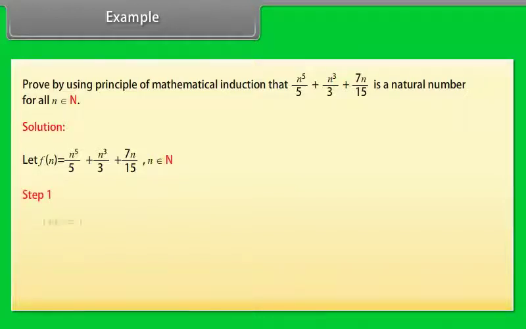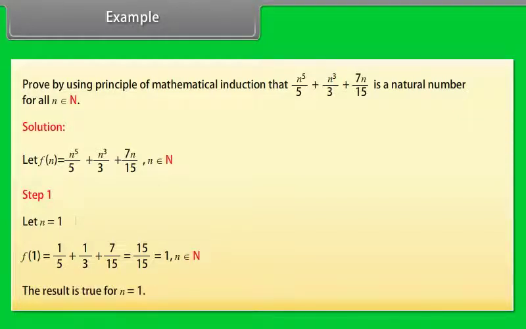Step 1. Let n is equal to 1. f of 1 is equal to 1 by 5 plus 1 by 3 plus 7 by 15 is equal to 15 by 15 is equal to 1, which belongs to capital N. The result is true for n is equal to 1.